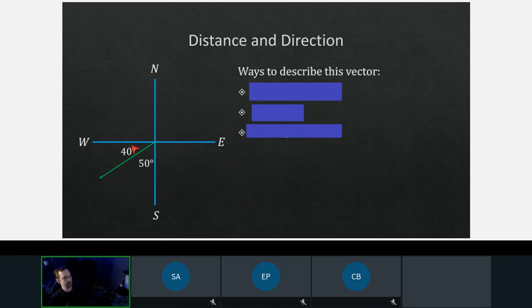Bearing of 230 degrees. Yep, I would agree with that. Yep, rotating clockwise. Remember, you start at due north and you rotate clockwise.